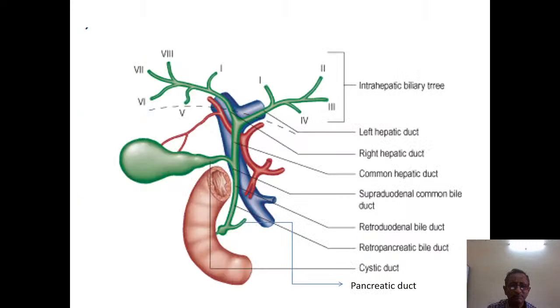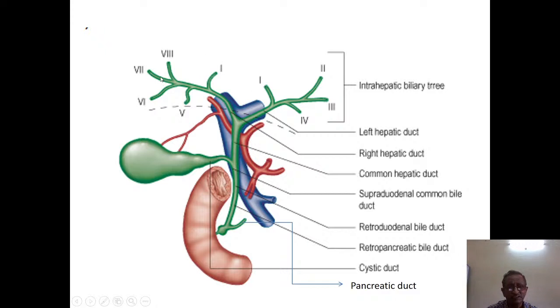Here we are showing the right lobe of the liver and the left lobe of the liver, having various lobules, or you can say surgical segments, divided into 1, 2, 3, 4, then 5, 6, 7, 8. The liver is divided into 8 surgical segments.